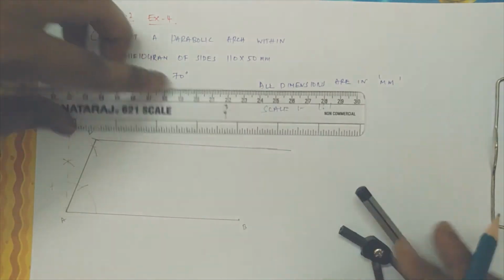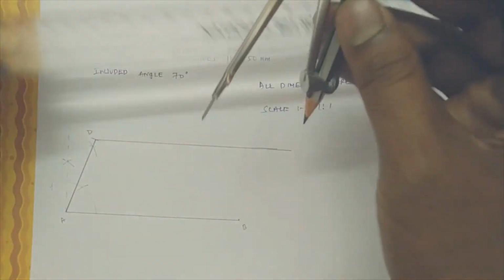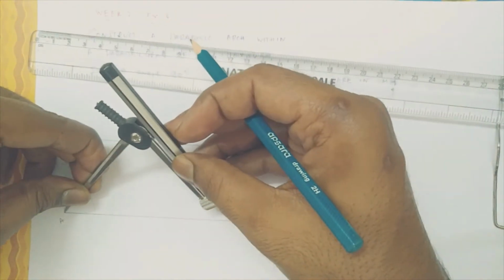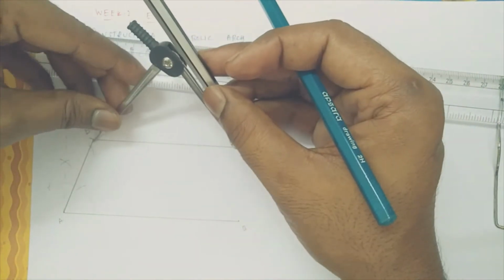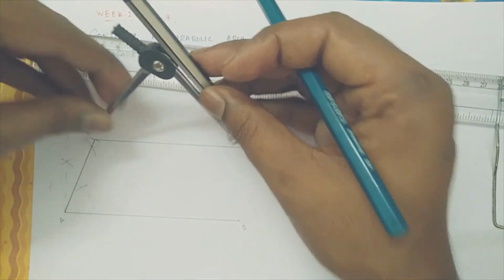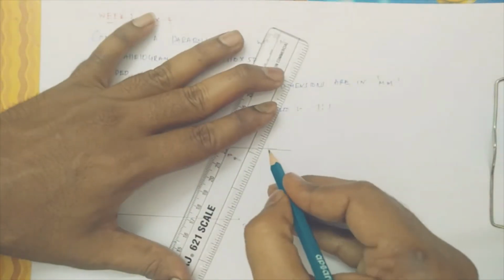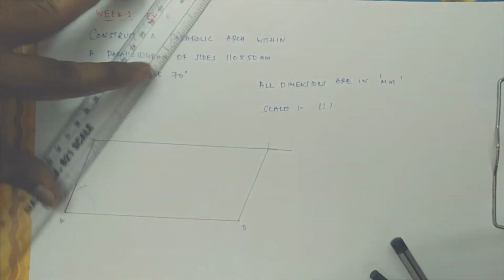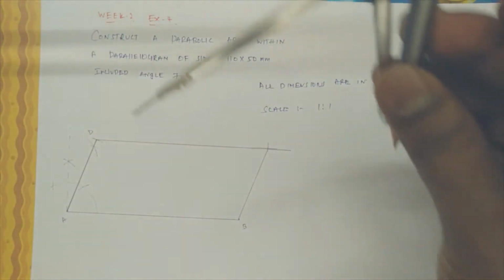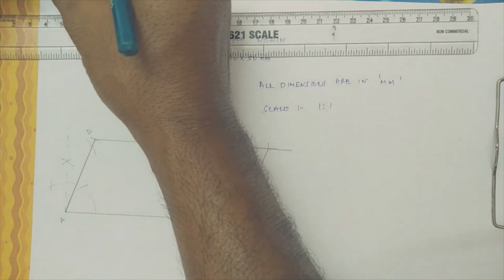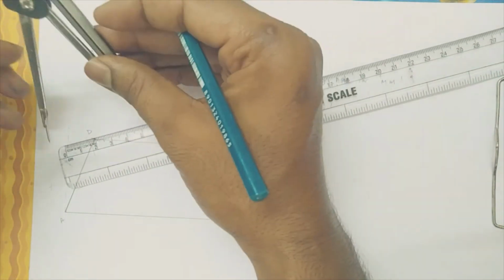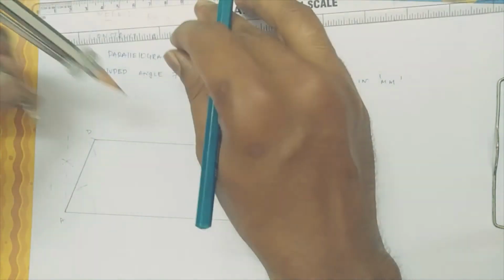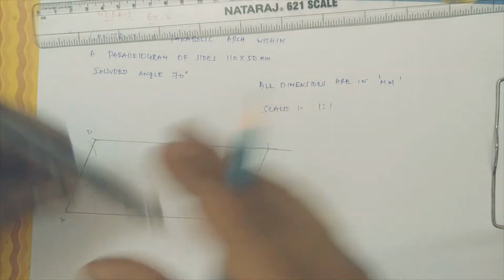So it's supposed to be 110 mm. Measure AB as 110 mm, shift the point to D and intersect, and these 2 points you can connect. This gives you the 70-degree angle. Again measure to locate the center at 55 mm, 110 divided by 2, and keep D as a center and intersect this one.